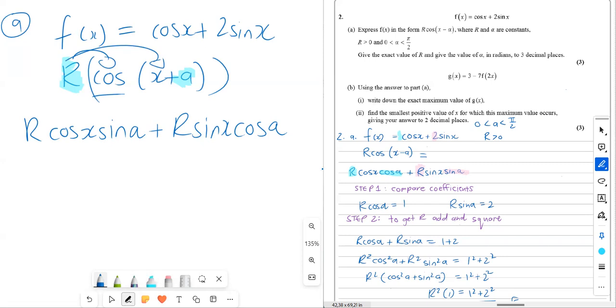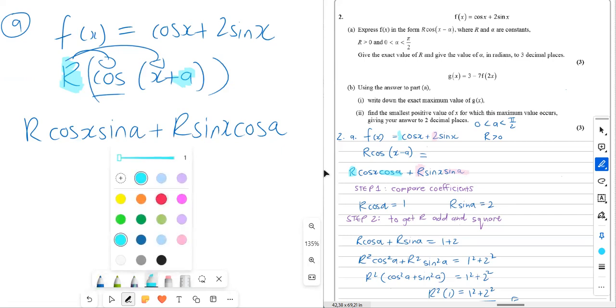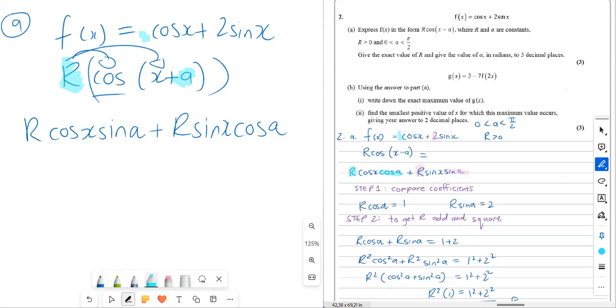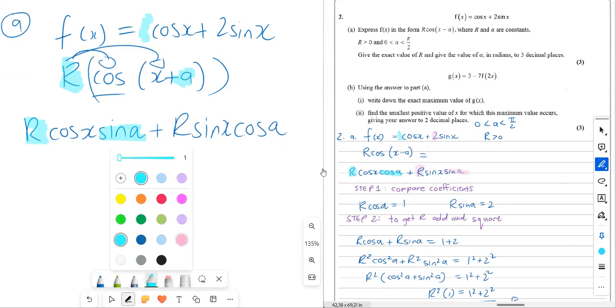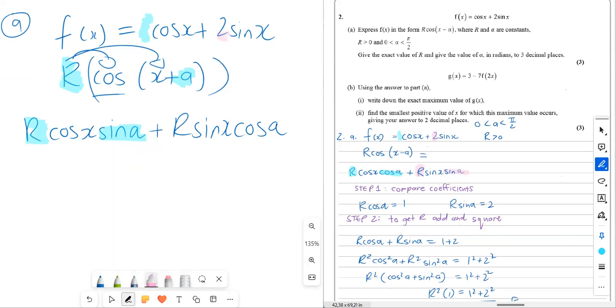And then once we've got it in this form, we need to compare coefficients. So our coefficient of cos x from our original is an invisible one. So our new coefficient of cos x is R cos alpha. If we look at the other one, our coefficient of sine x is 2. Our new coefficient is, just careful here, with the cos sine, the signs change.